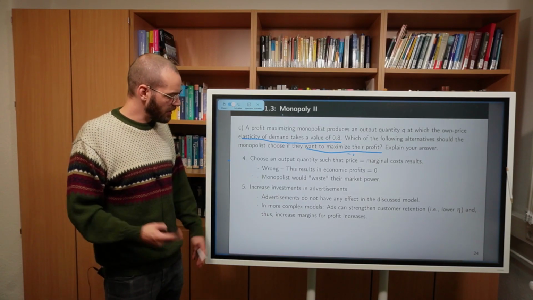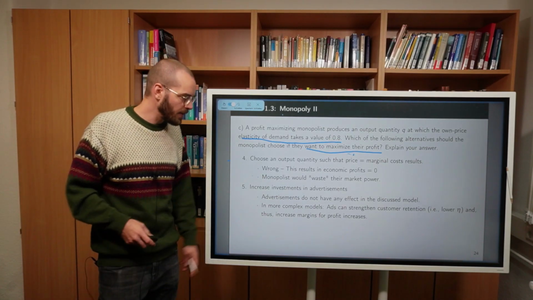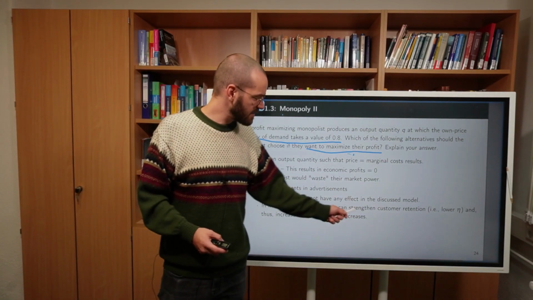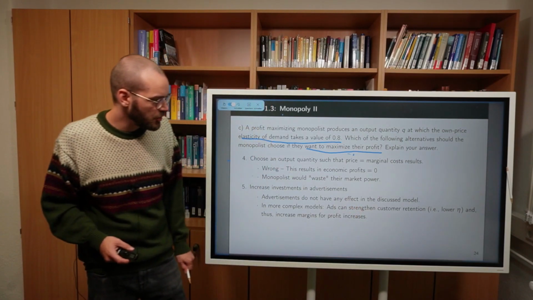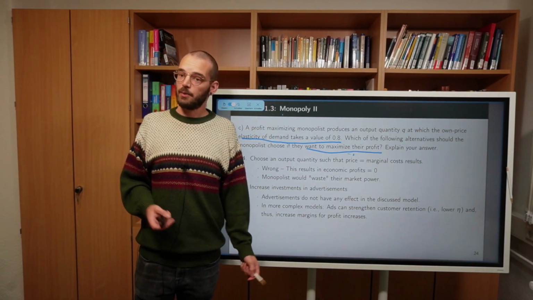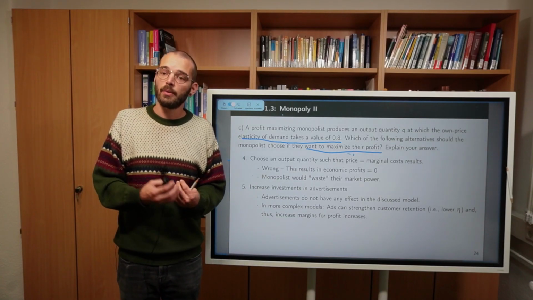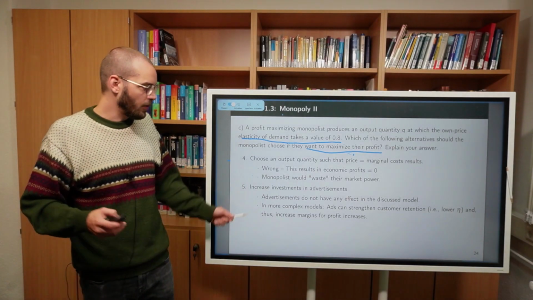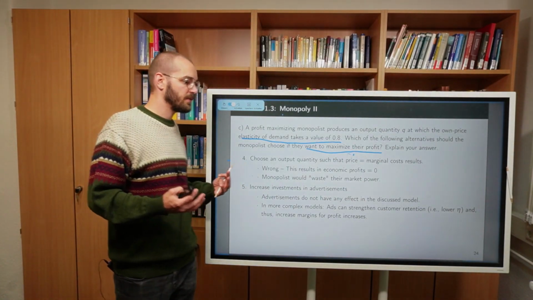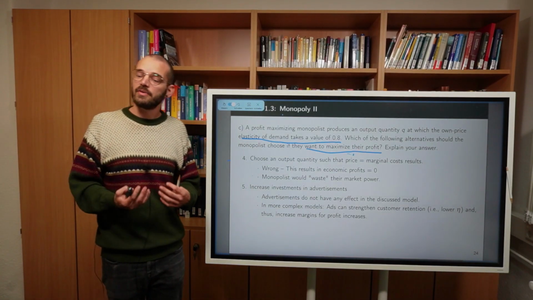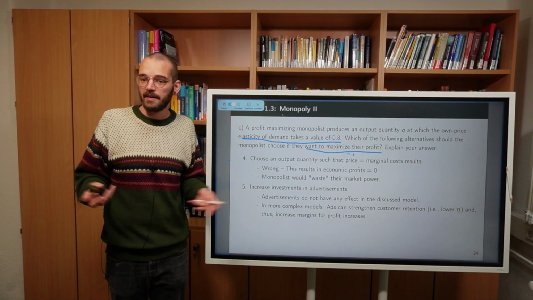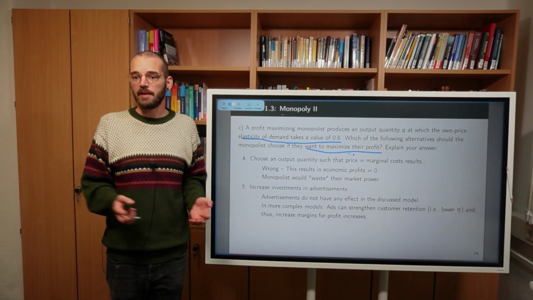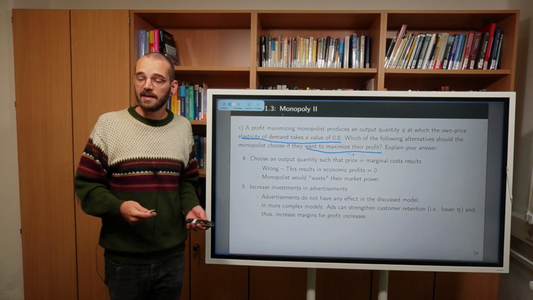However, we could, of course, come up with a more sophisticated and more complex model in which we can show that, for example, ads strengthen customer retention, which would be equivalent to lowering the own price elasticity of these consumers. Or we could alternatively model an increase of demand for a given level of advertisements, etc. There are plenty of ways to include advertisement into models of these kinds.